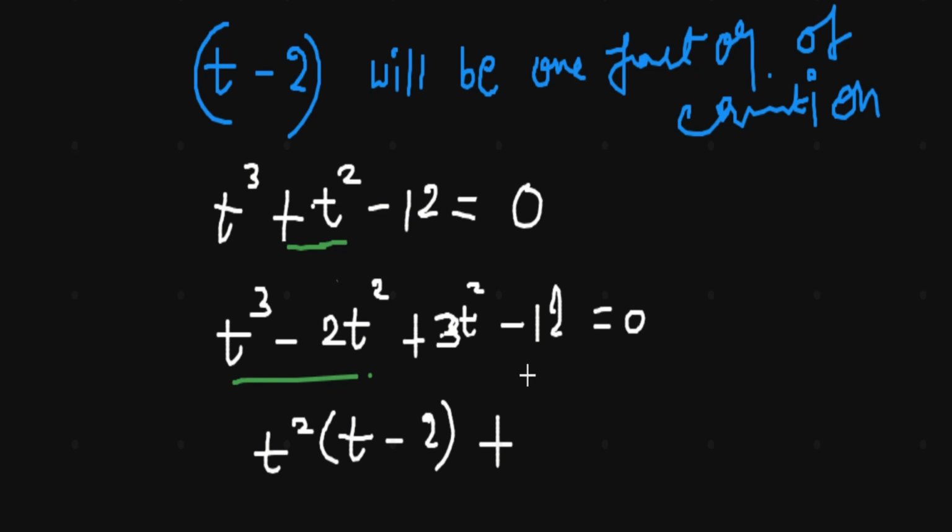Here we cannot take anything common, so we are writing it as it is, 3t square. Now we are adding and subtracting 60 here: minus 60 plus 60 minus 12 is equal to 0 here.